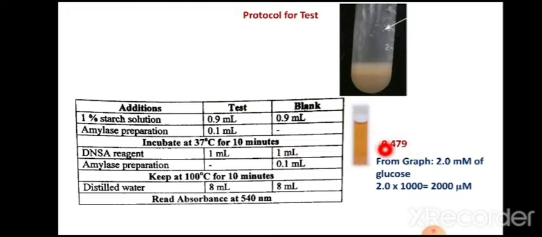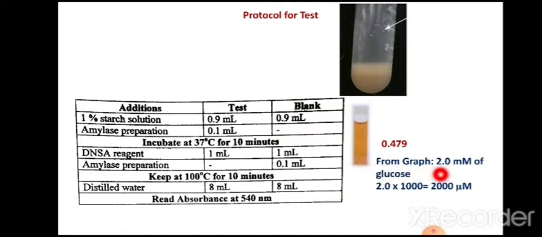Then you go back to that graph and plot this reading on the linear part of the straight line, and find out the concentration of glucose corresponding to this reading. So from graph it comes to 2 millimoles of glucose.